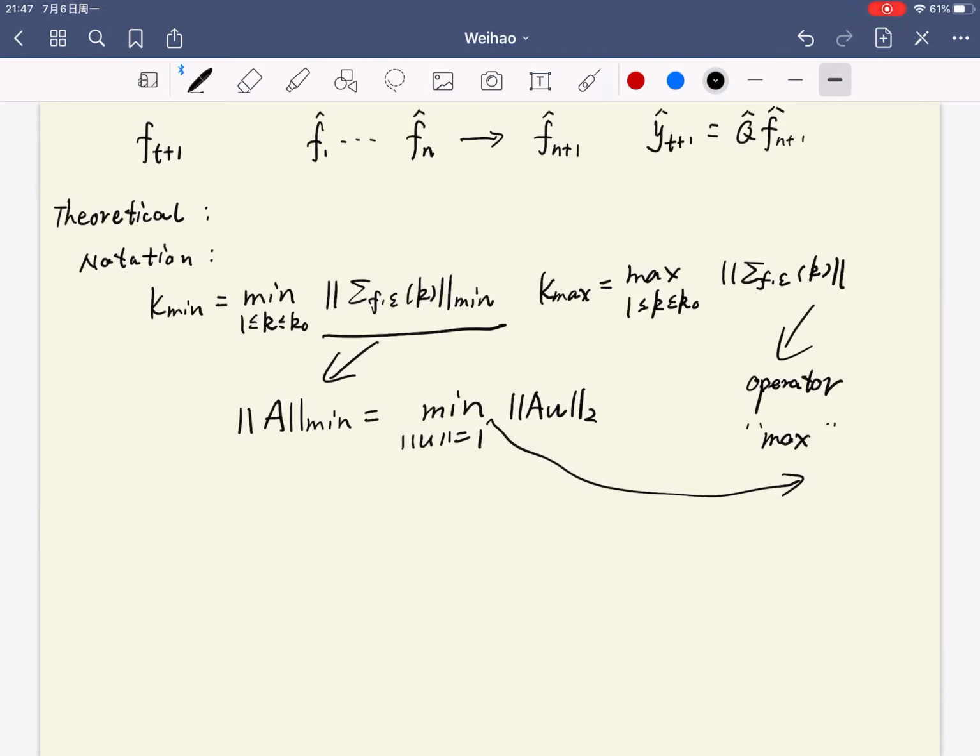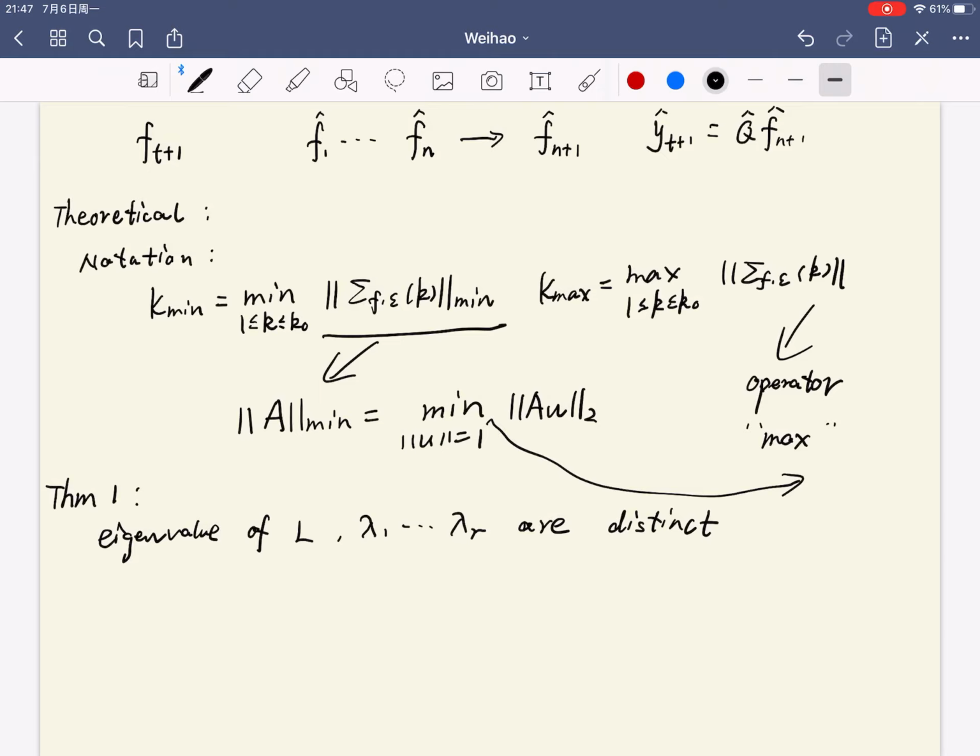Let's give our first theorem. Let the above assumption hold and the eigenvalues of L, lambda 1 to lambda r, are different.